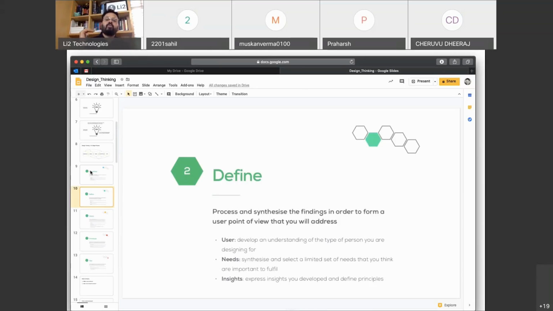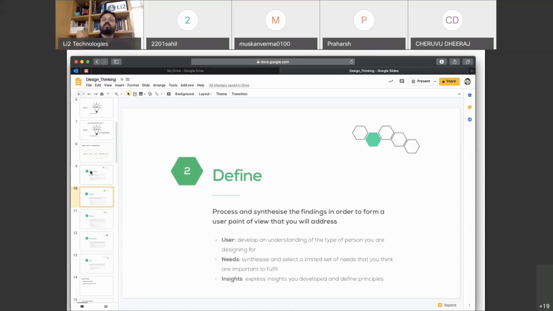Define, right? When you define, process and synthesize the findings in order to form a user point of view that you can address. So Sahil, what you addressed is your point of view. What you addressed is your company's or your idea's point of view of the solution. I am not interested in that, or nobody is interested in that. Please understand.